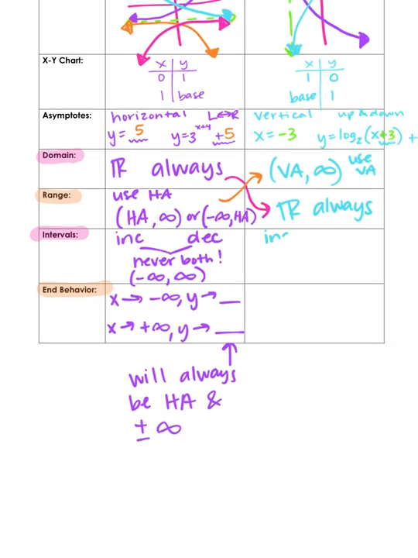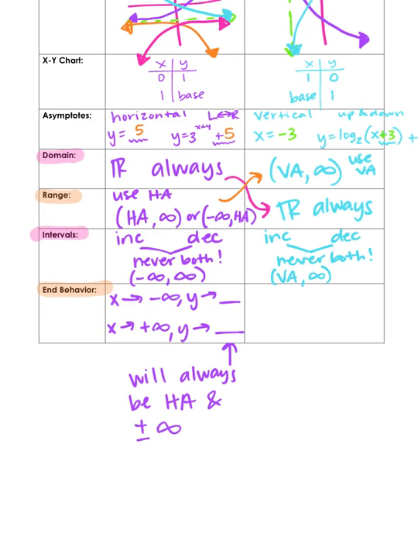For my logs, the same rule will apply. It will either increase or decrease, but never both. The difference is that my domain for my log is from the vertical asymptote to infinity.